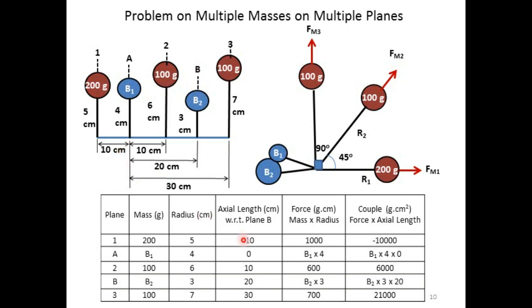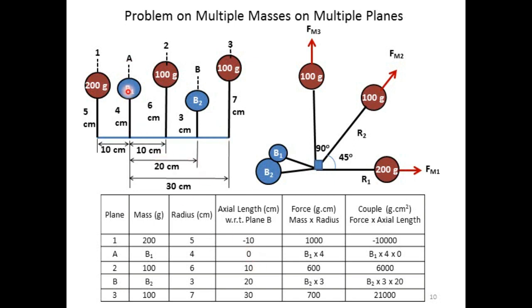That's why I use -10 with the axial length, so that at the end, when we calculate the moment, it will be negative. So negative represents clockwise direction and positive represents counterclockwise direction. Or you can say that for this arbitrary plane around which we are taking the moments, whatever is on the left hand side is taken as minus, just as this -10, and the right hand side is taken as positive.